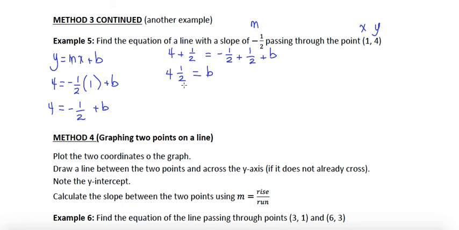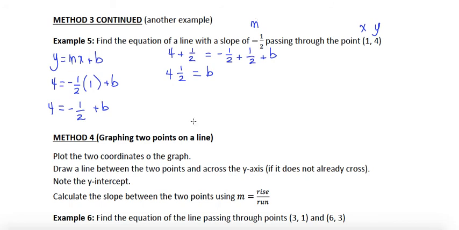And like I said, sometimes it's easier to write this as an improper fraction. I know that there are some teachers who really frown upon you keeping your slope as a fraction and then your y-intercept as a decimal number. They like things to be consistent. If it's easier for you to think about that during these times, then feel free to do that.